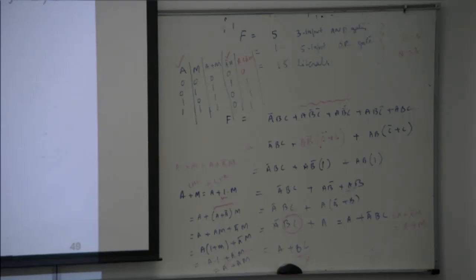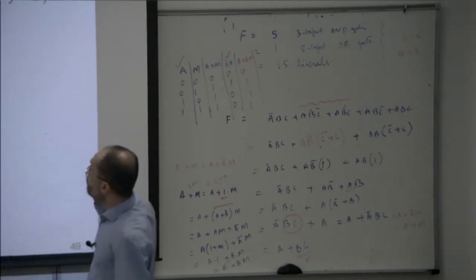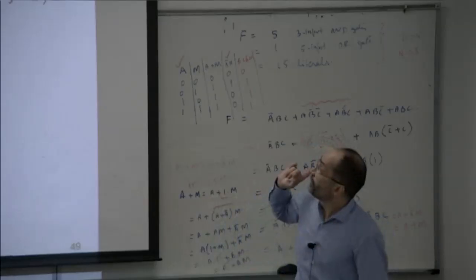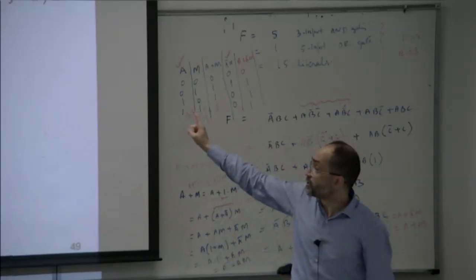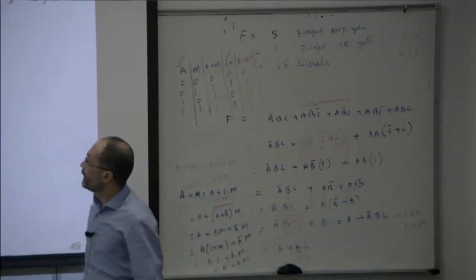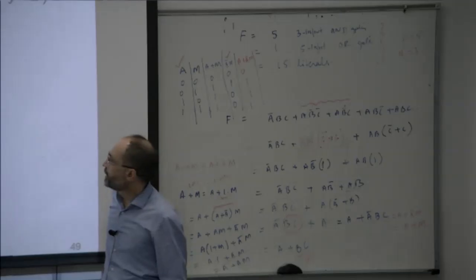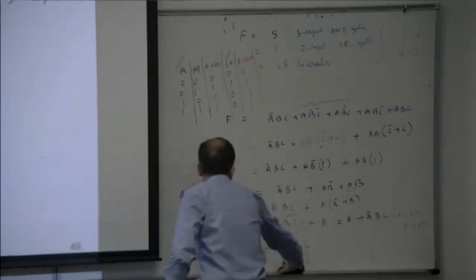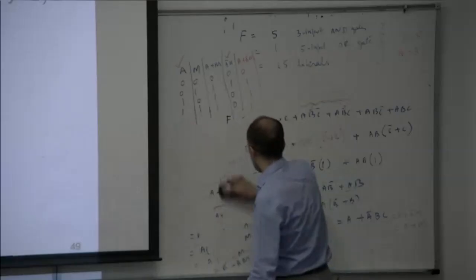For the previous example, were we interested in 1 or 0? 1. And for the max terms, 0. How many zeros for F1? 7.